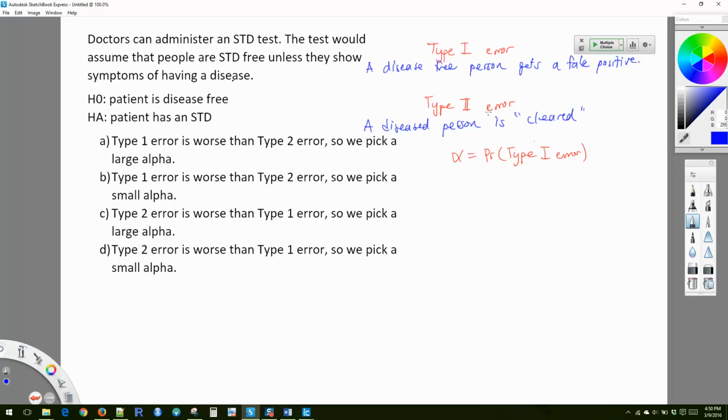Because type 2 error is worse than type 1 error, we would rather make type 1 over type 2.